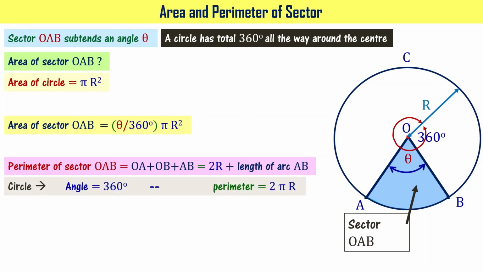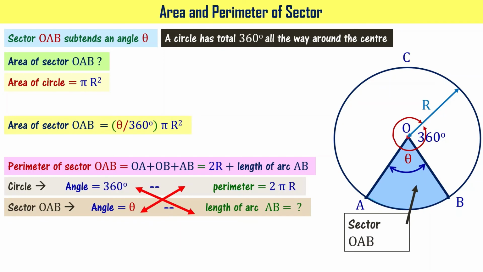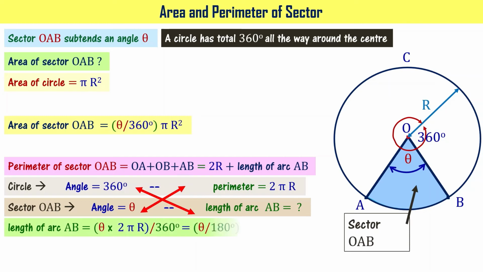We know that circle which makes 360 degrees angle got perimeter 2 pi r. Now, since sector OAB is subtending an angle theta, what is length of its arc AB? I'm writing this question now. And when you cross multiply these two, you get length of arc AB as theta times 2 pi r divided by 360.